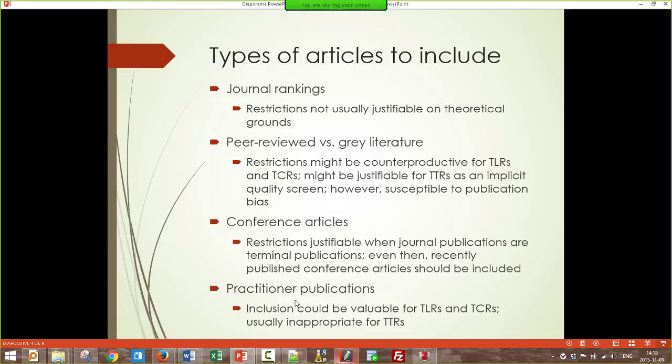The last kind of question on the type of article to include is practitioner publications. And this one is probably the most controversial because scholarly literature reviews usually do not like to include practitioner publications. By practitioner publications, I mean articles that are written by non-scholars.